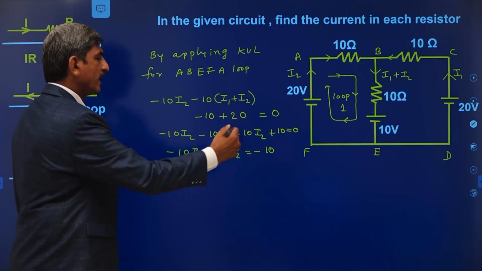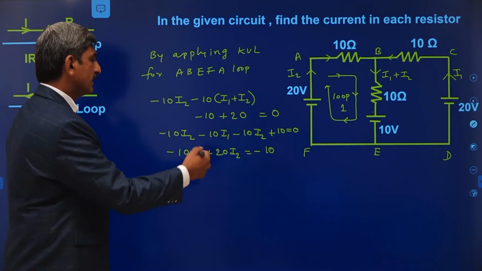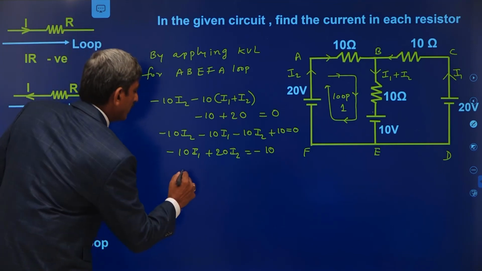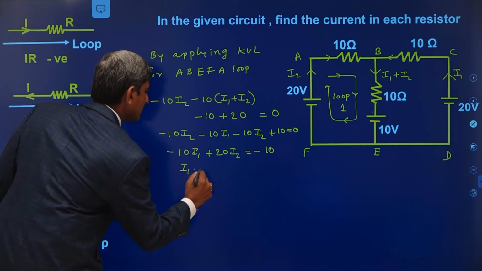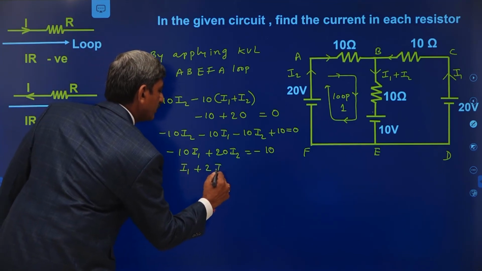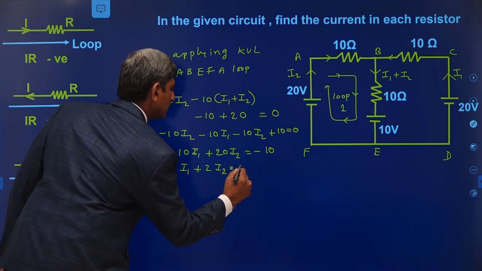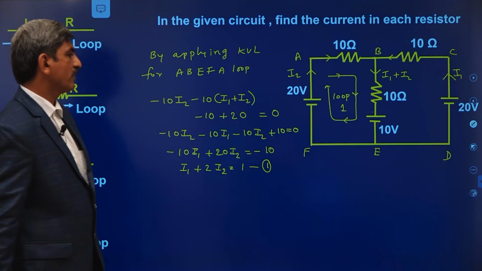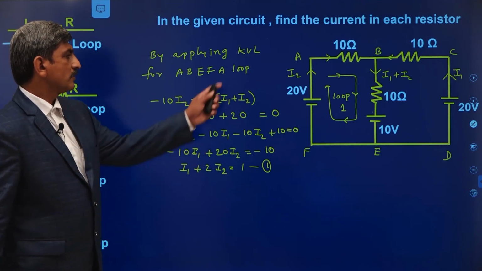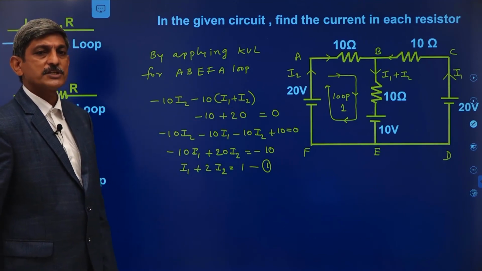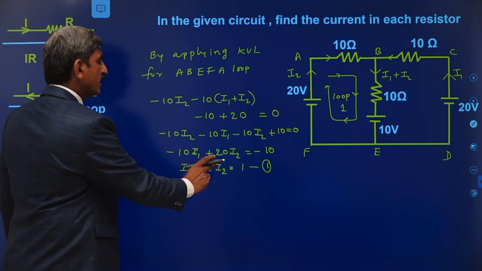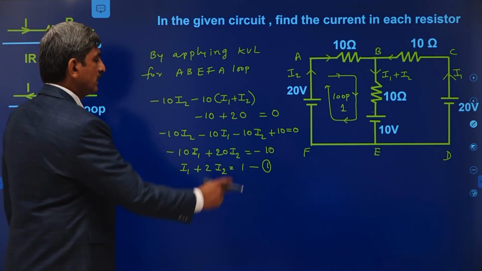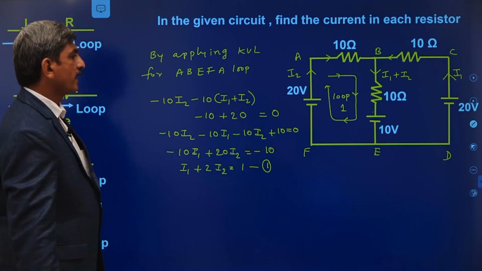By multiplying with a negative sign and dividing by 10, we have I1 plus 2 I2 is equal to 1. Let it be equation number 1. So by writing Kirchhoff's voltage law for the first loop, I obtain the relation between I1 and I2.